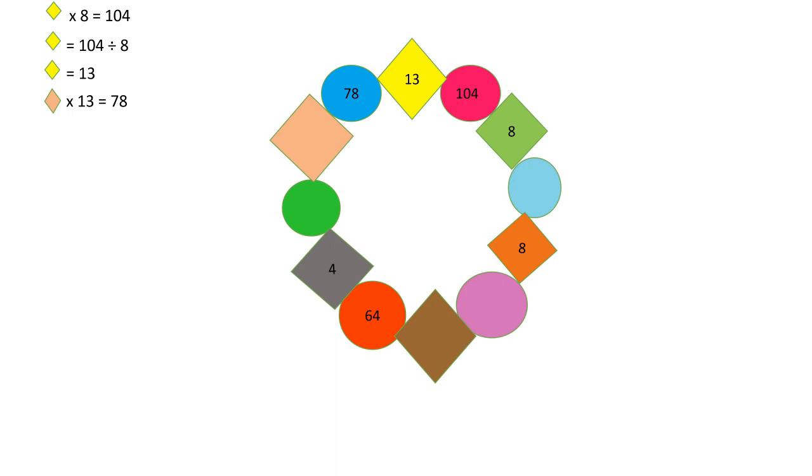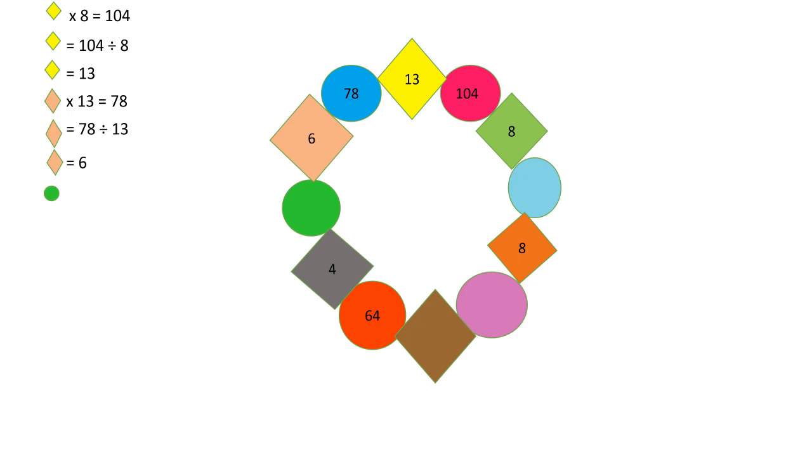That means the yellow box and the light pink square box, when these two are multiplied, the number should be 78. So for finding that, we do 78 divided by 13. The result is 6. So we get the number here, 6.